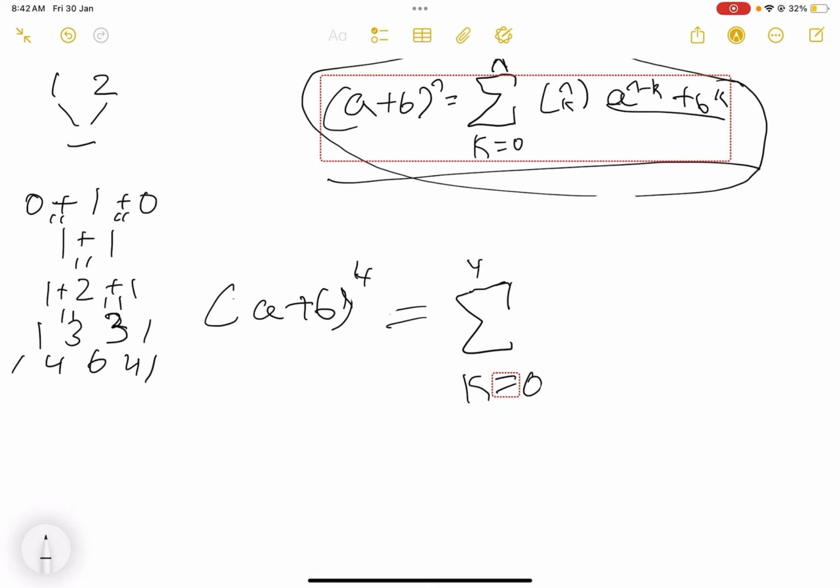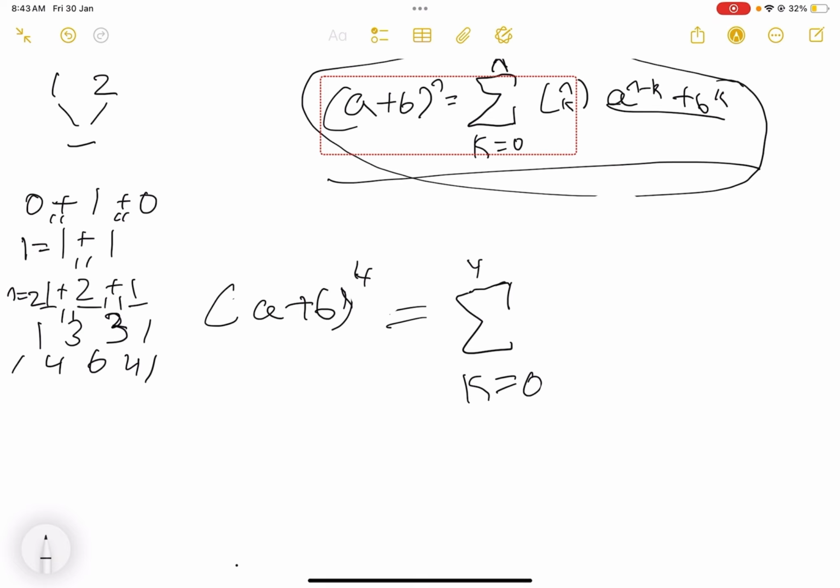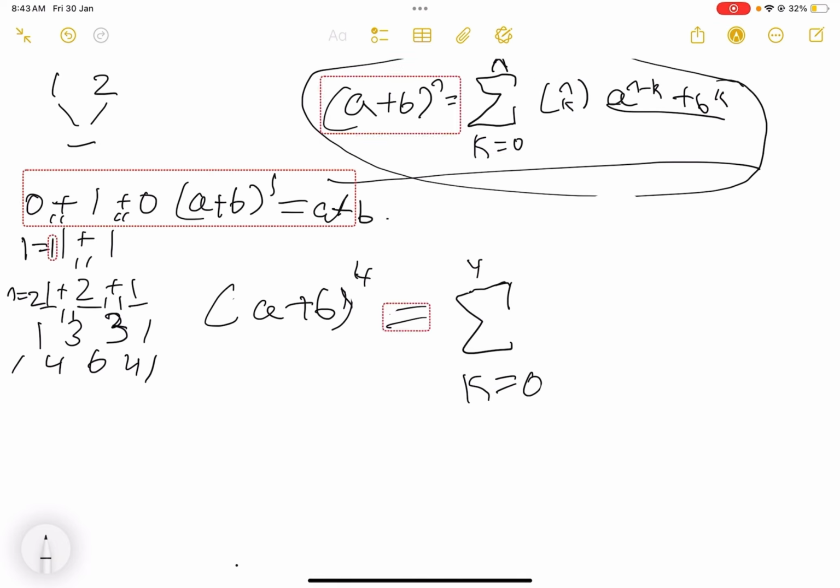For n equal to 2, we found the coefficients are 1, 2 and 1. So this is n equal to 2. And this is n equal to 1, which is just (a + b) to the first, which is just a plus b.